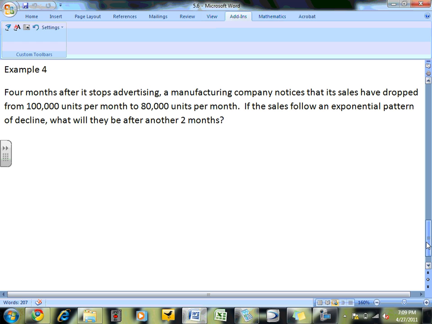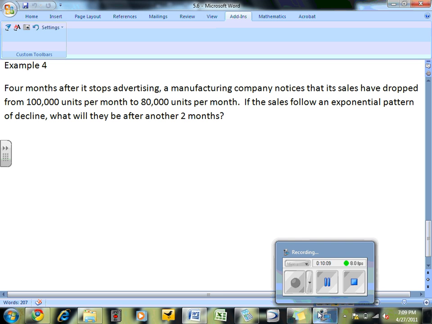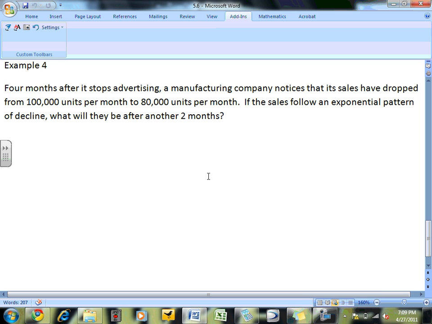So here we go. 4 months after it stops advertising, a manufacturing company notices its sales have dropped from 100,000 units per month to 80,000 units per month. If the sales follow an exponential pattern of decline, what will their sales be after another 2 months? Okay. So it says after 4 months, it stops advertising.